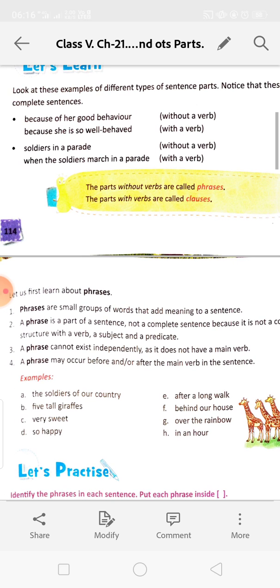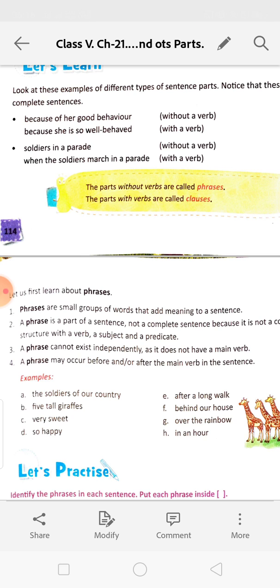The next line: because she is so well behaved. The meaning of the lines is the same, and it is with a verb. Well behaved and good behavior are the same. Because she is so well behaved, with a verb. Soldiers in a parade, without a verb. When the soldiers march in a parade, with a verb.